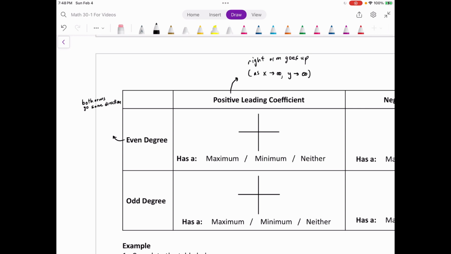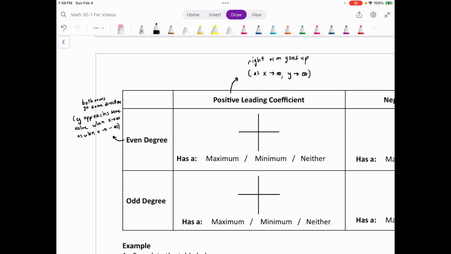All that means is y approaches the same value, whether it's positive or negative infinity, when x goes to infinity as when x goes to negative infinity. Again, for those reasons we talked about, right? If you raise a positive number to an even power or a negative number to an even power, you're going to get the same sign result, right? Negative 1 squared is going to give us the same thing as positive 1 squared. Negative a billion squared is going to give us the same thing as positive a billion squared.